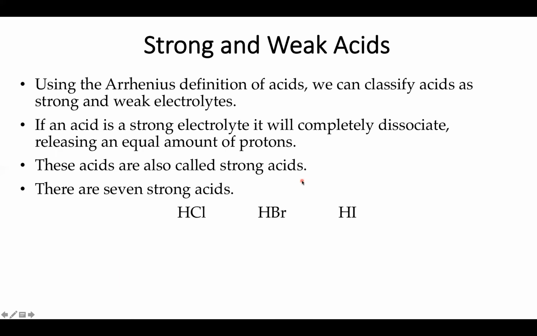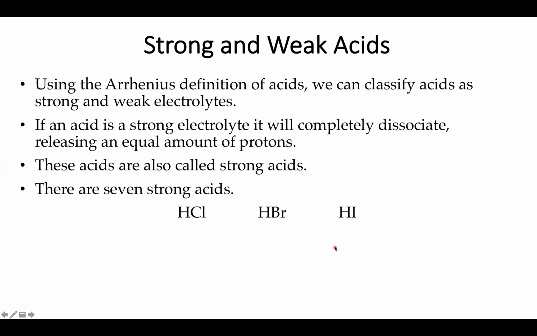So there are 7 major strong acids. The first 3 that are easy to remember are halides: hydrogen chloride, hydrogen bromide, and hydrogen iodide. They do not include hydrogen fluoride. That, with its slightly less ability to exist as a separate ion and not being quite as soluble, means it's not so good at dissociation.